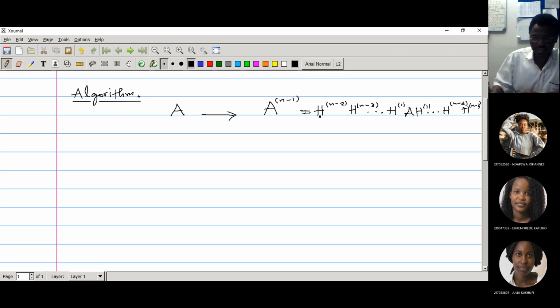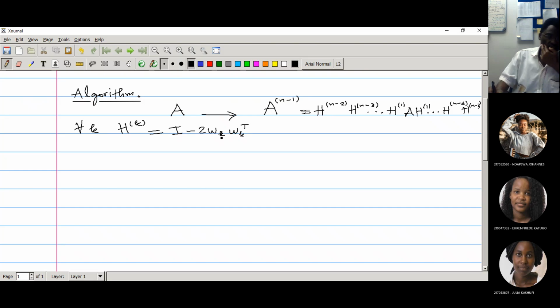And each of this Hk is the identity minus 2 Wk Wk transpose, where the Wks are defined as, maybe my definition of the Wk should be superscript.